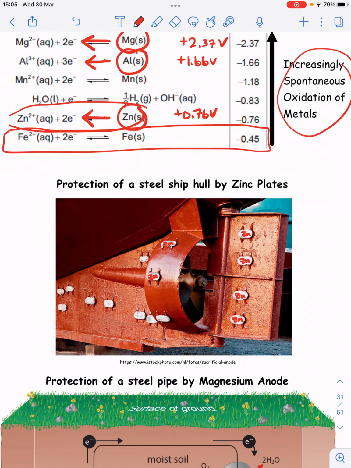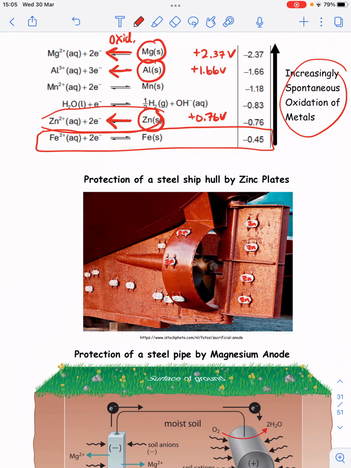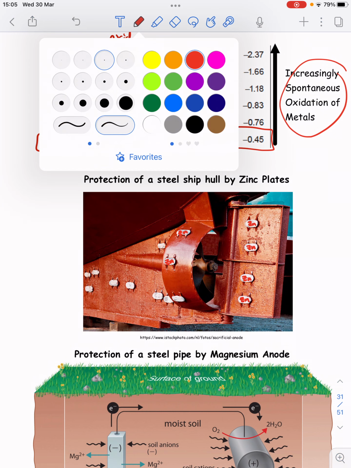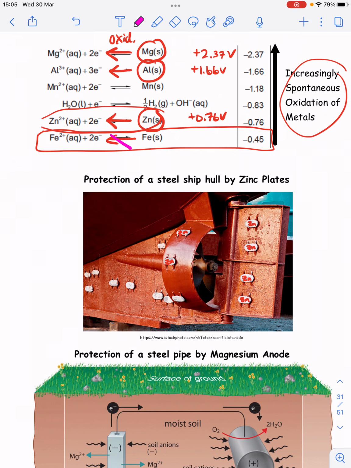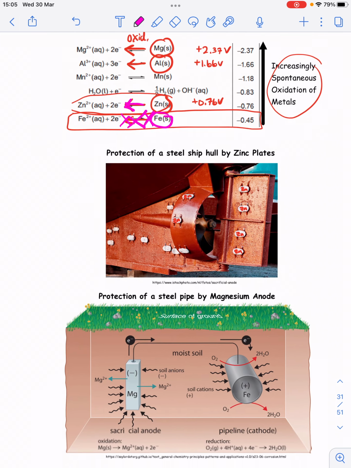So long as there's zinc left, all of that iron that it's touching is theoretically protected from corroding and undergoing this oxidation. So what we're trying to do with this sacrificial protection is prevent this process from happening. That keeps the iron intact as iron, and instead the zinc oxidizes to zinc ions.